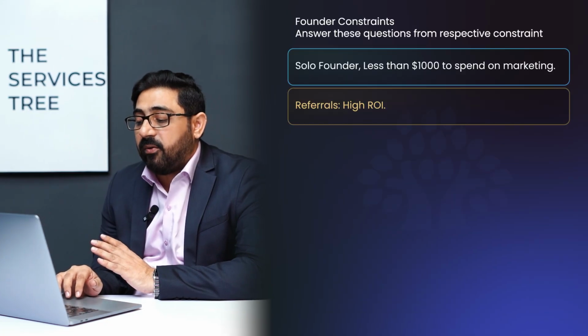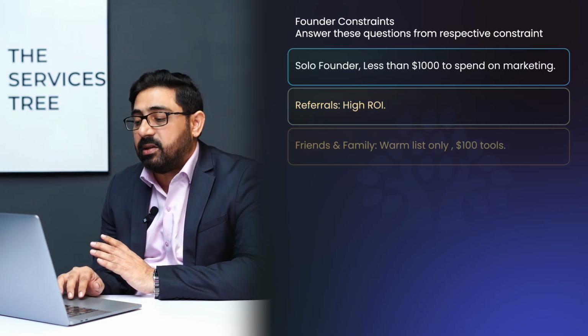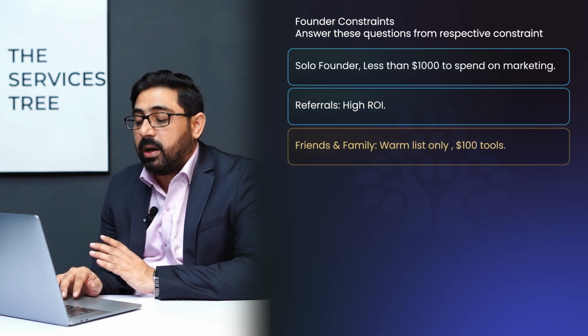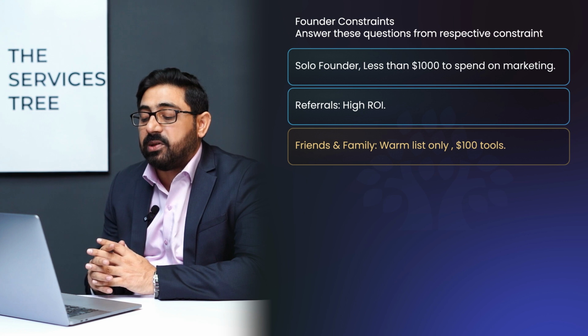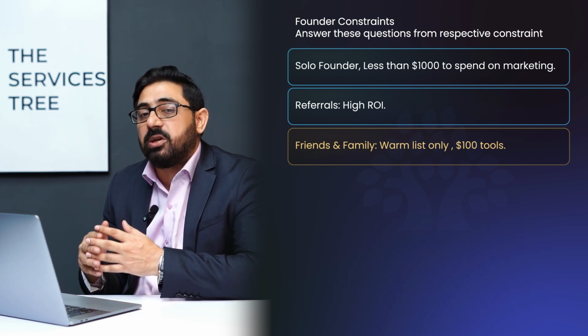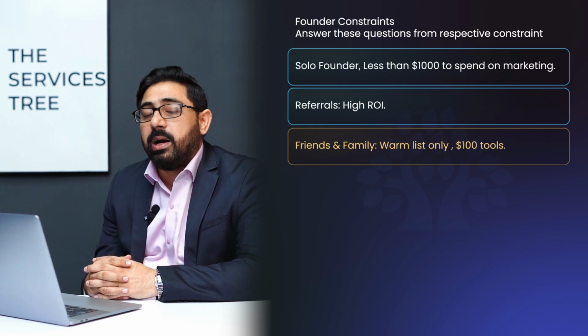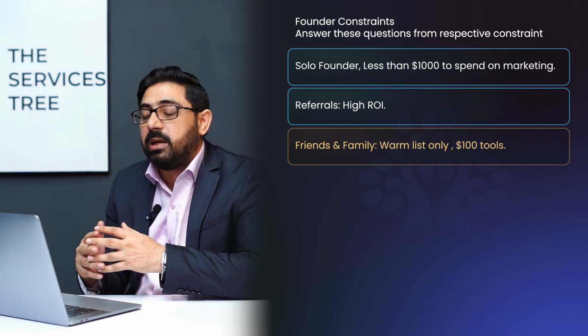Under these constraints, from what we have studied so far, your referrals may give you a high ROI and you need to capitalize on them. Your friends and family can also give you a high ROI, where you can utilize your relationships and get business relationships and clients from there, against the cost of marketing you are paying.